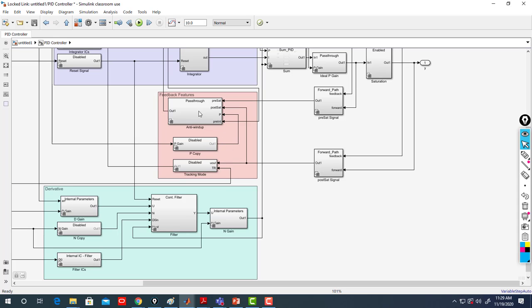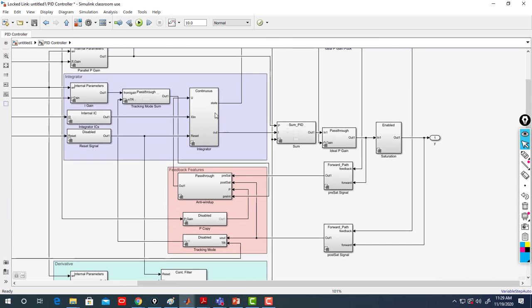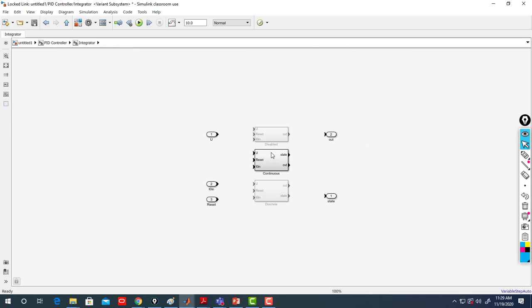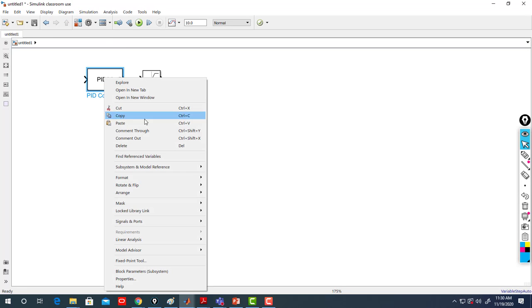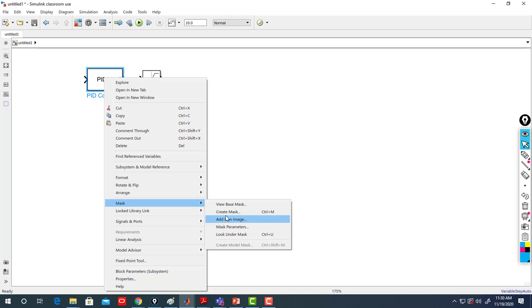Here they put a picture example of the integrator they implemented, which is the familiar 1 over S. But our concern is just the anti-windup.